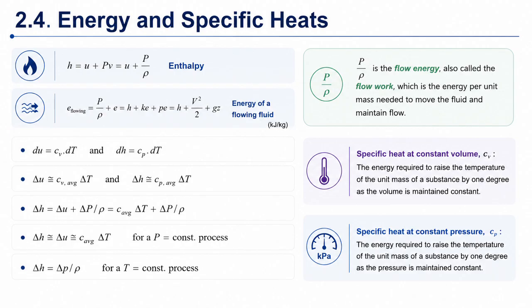where H is enthalpy per unit mass, U is internal energy per unit mass, P is the pressure, and rho is the density. And the total energy of the flowing fluid is defined as H plus KE plus PE, which is basically flow energy plus internal energy plus kinetic energy and potential energy.